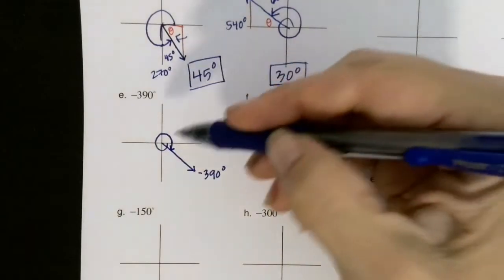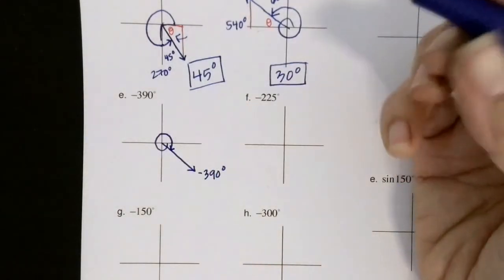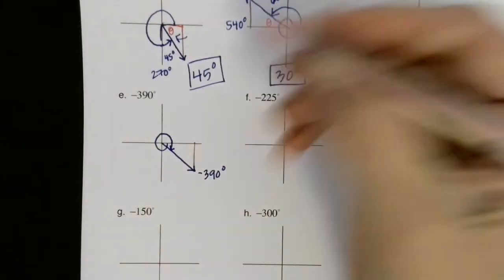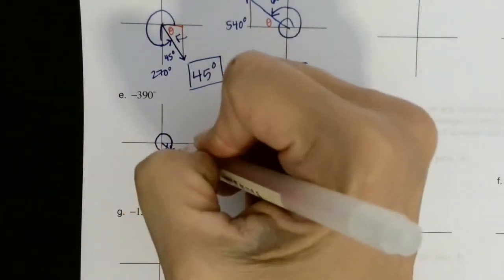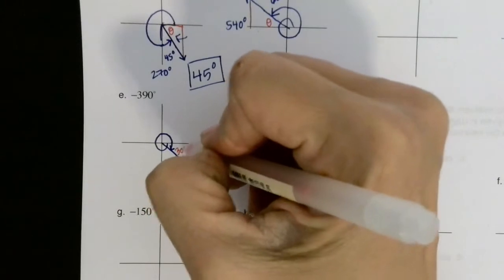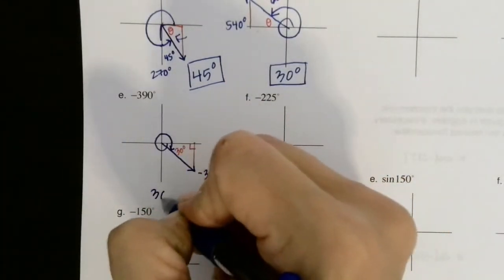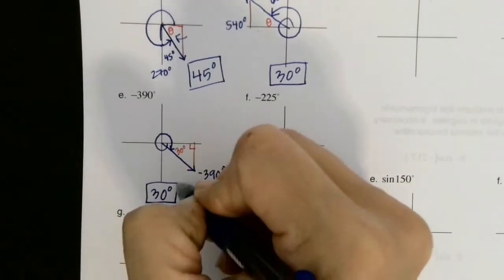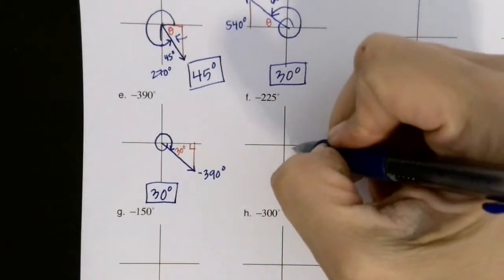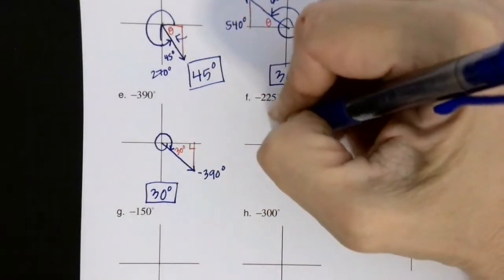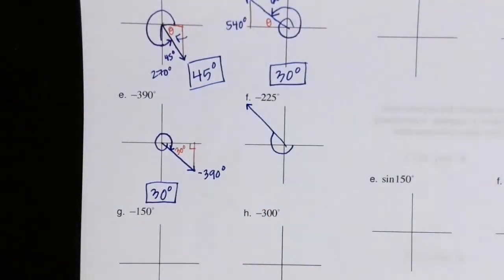I went clockwise, the opposite direction, and connect it with an up or down line to the x-axis, so that's right there. I had to go 30 degrees past, and since that's inside of the triangle, that's a 30-degree reference angle. Negative 225, negative 90, negative 180, it's going to bisect this quadrant right here.